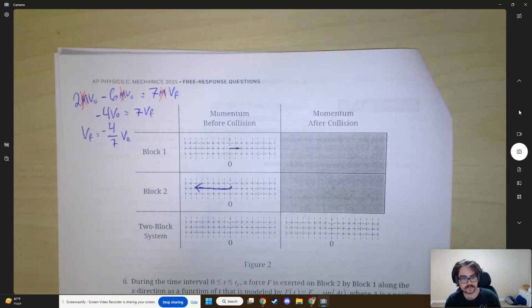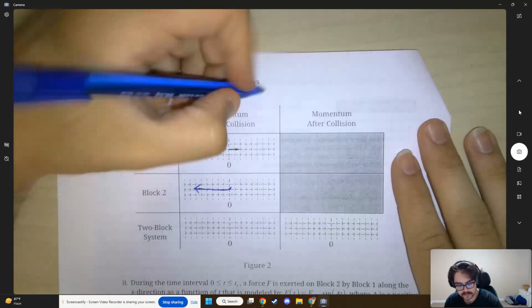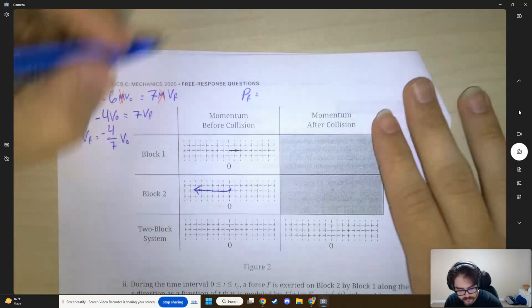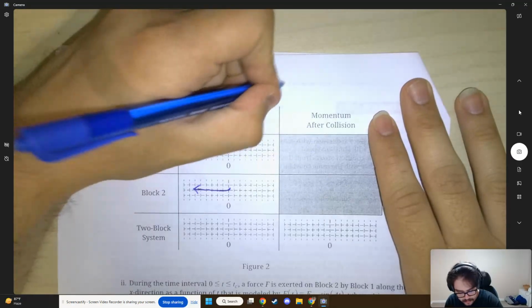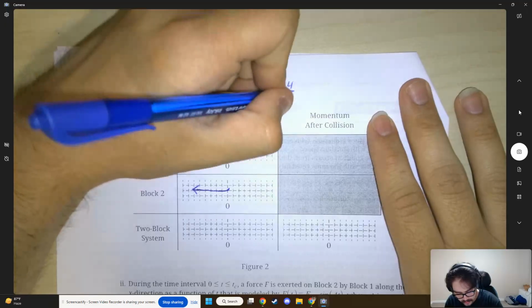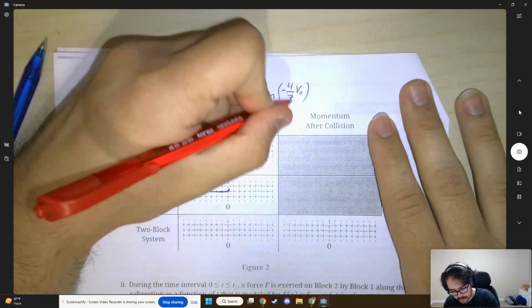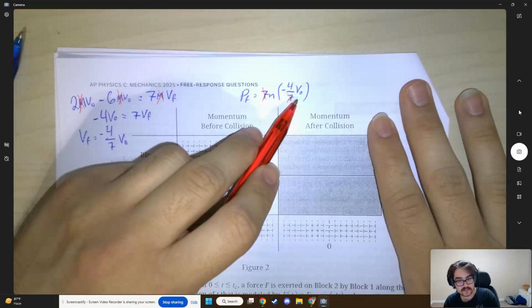So the final momentum of the system, P final, is just equal to 7m times negative 4 over 7 v naught. You'll notice that the 7's cancel out, and you get negative 4 mv naught.